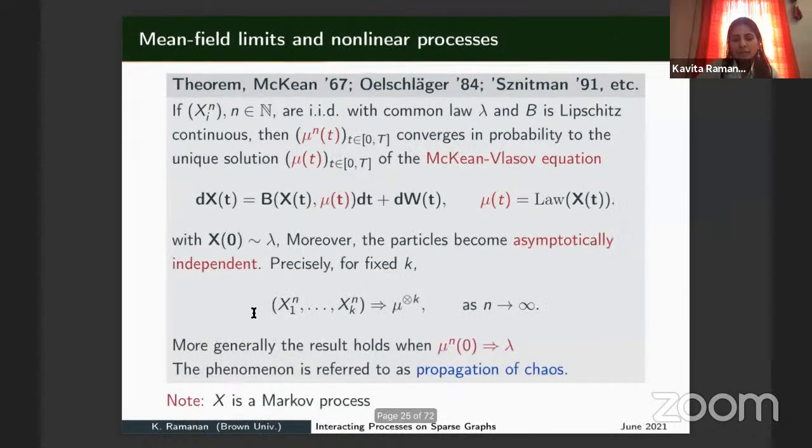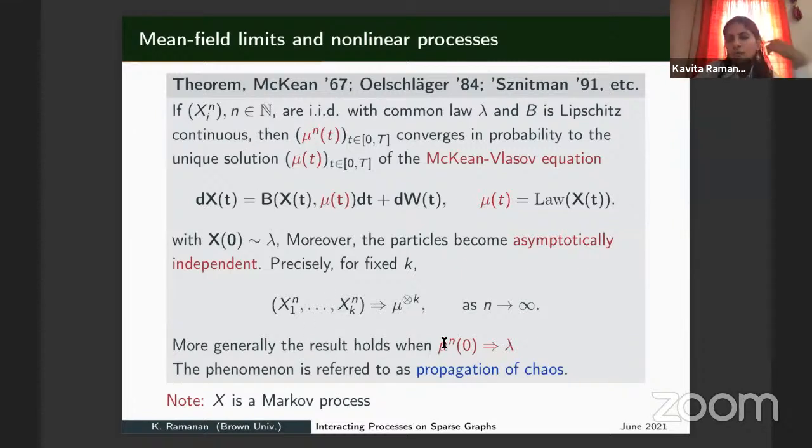Because any particle at vertex p is affected symmetrically by all its neighbors, so the strength of interaction from any one particle is like 1 over n. As n goes to infinity, this decays. That's the intuition. I assumed IID here for the initial conditions to make things simple.